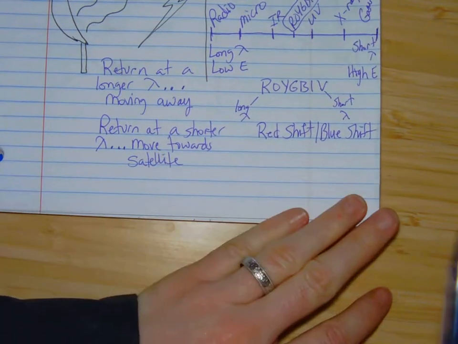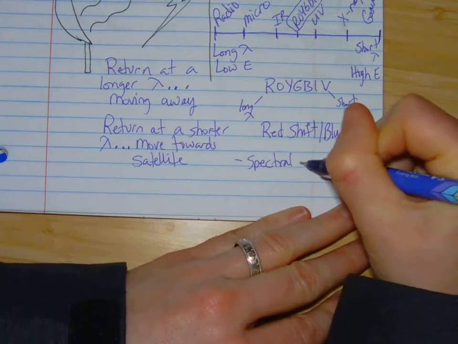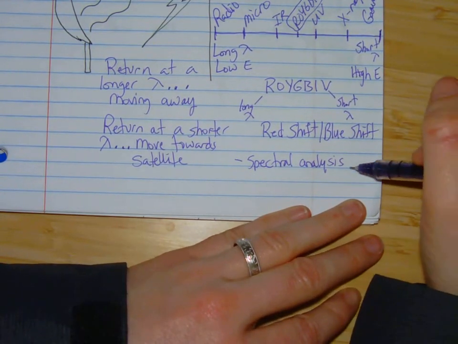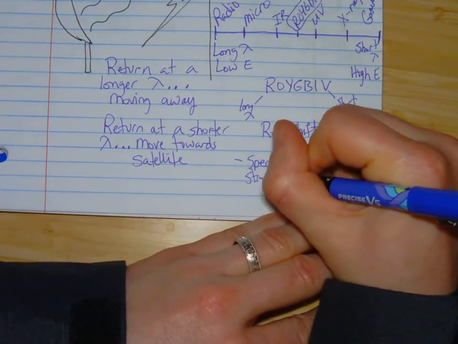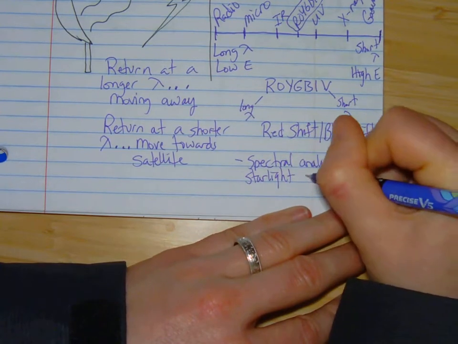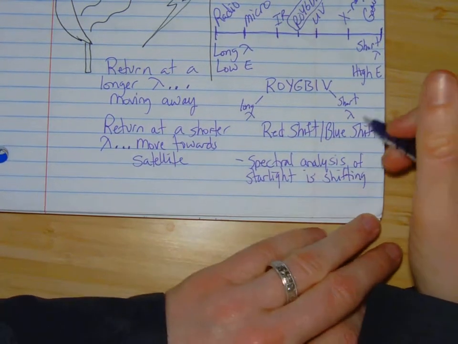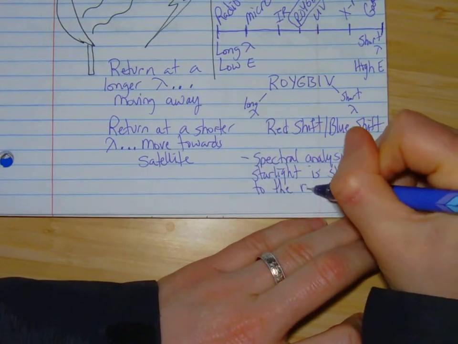We can analyze stars, all right? It's called a spectral analysis, and we'll look at this at the end of, again, the last unit in this course. Spectral analysis of starlight is shifting. So the starlight that is traveling towards us is shifting to the red end.